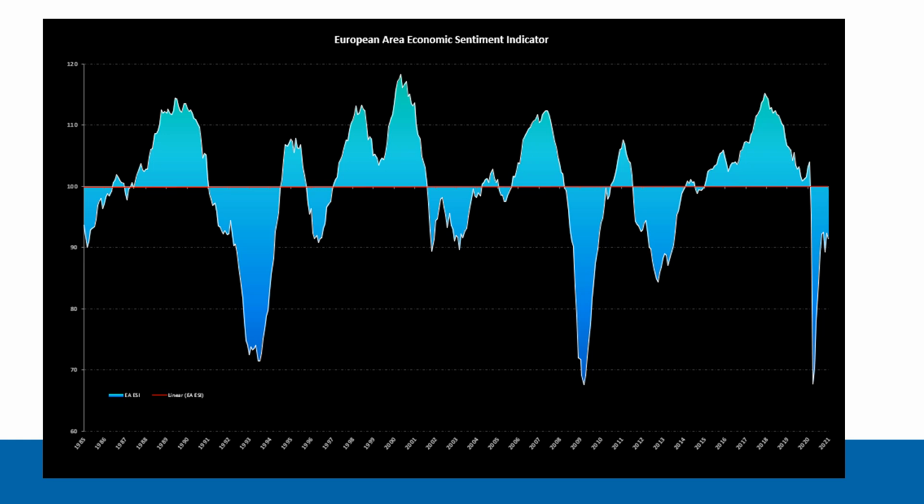But also, if you go a little bit further back in history on the composite number here, you can see, for example, bearish sentiment occurring before the global financial crisis in 2008, 2009. So yes, you can see the extreme negative move at the end of 2008 and beginning of 2009.